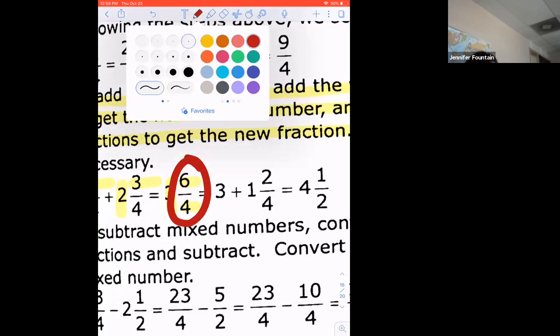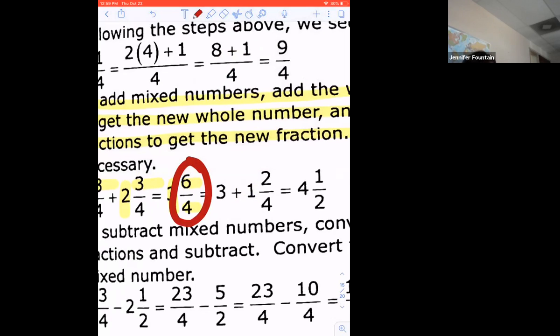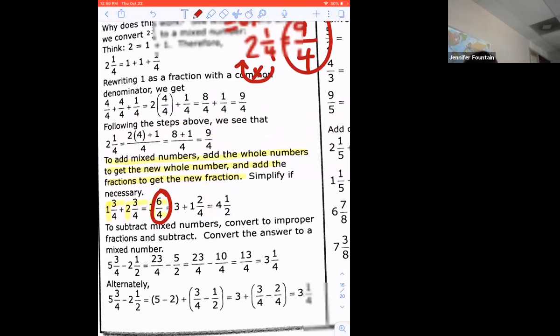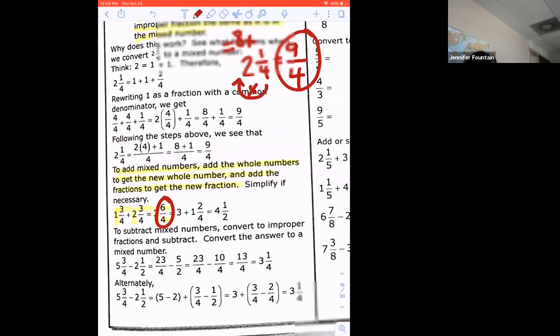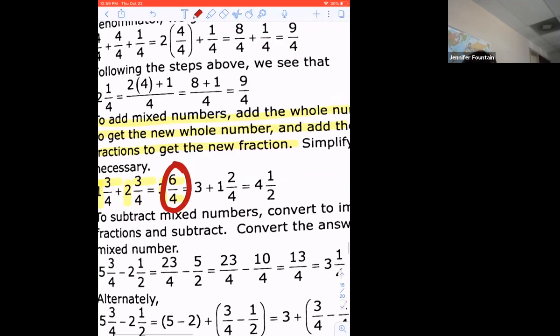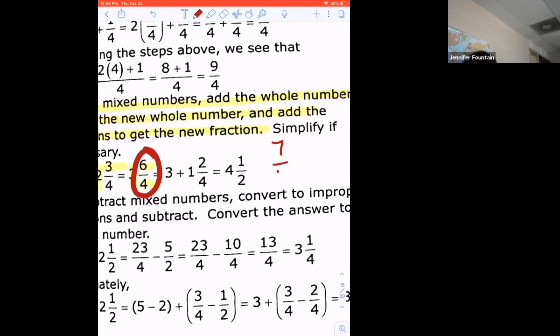One thing you can also do, if you choose to, is write these as improper fractions. It's totally up to you. To write 1 3/4 as an improper fraction, 4 times 1 is 4, and 4 plus 3 is 7, so I have 7 over 4.